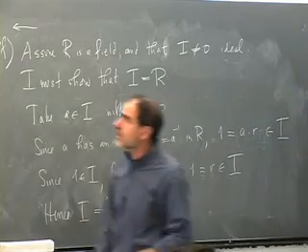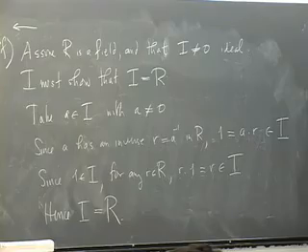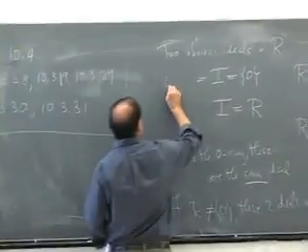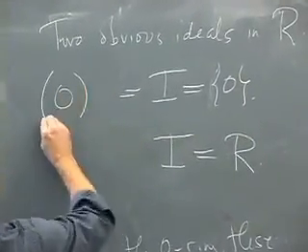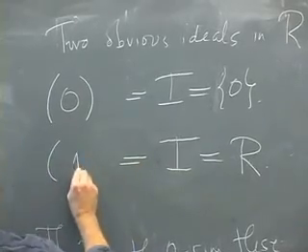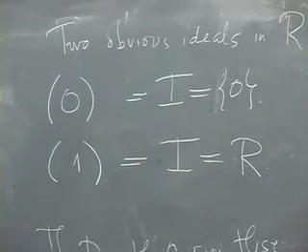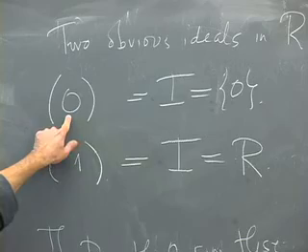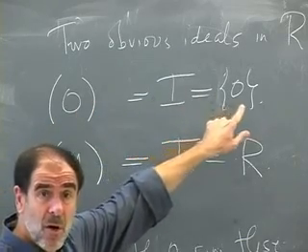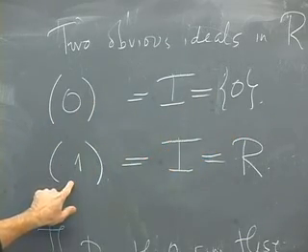That shows, by the way, that another way of describing these two ideals, this would be the ideal 0, the principal ideal generated by 0. This would be the principal ideal generated by 1. All multiples of 0 are just 0. All multiples of 1 are just the elements of the ring.